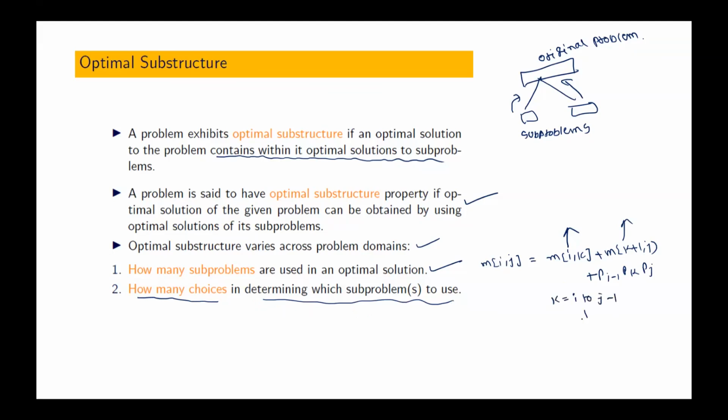That means we have j minus i choices. Is the difference between these two things clear? Is that clear, or any doubt?